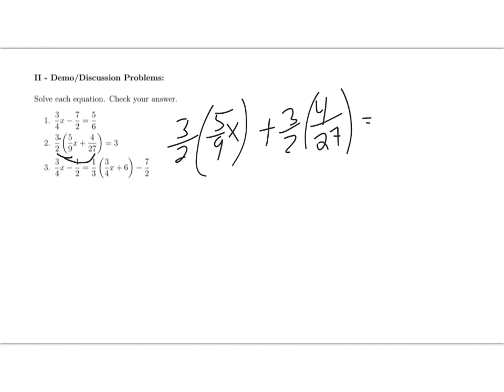Notice how the 3/2 is not multiplied by the 3. In this problem, only the left-hand side is multiplied by 3/2. The right-hand side is just as is.